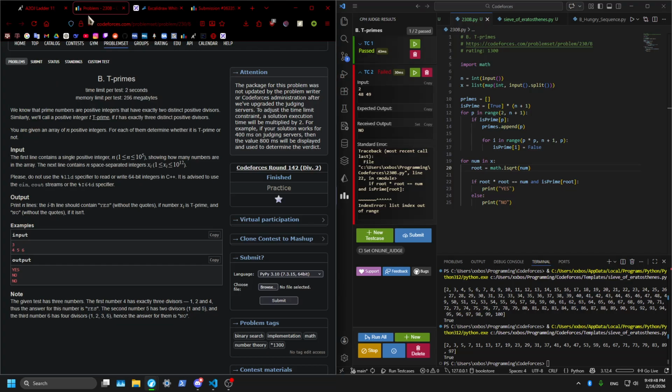Oh, this is important. We made is prime n. N is just the length of the array. Not, so we want to make n 10 to the 5.